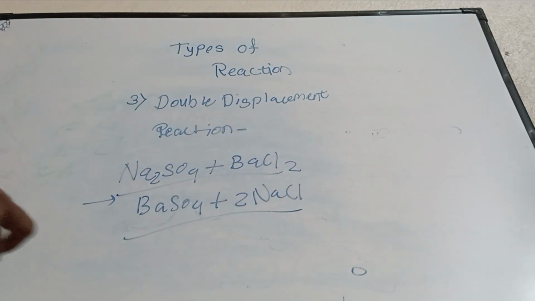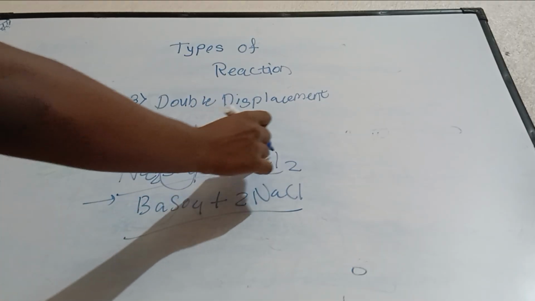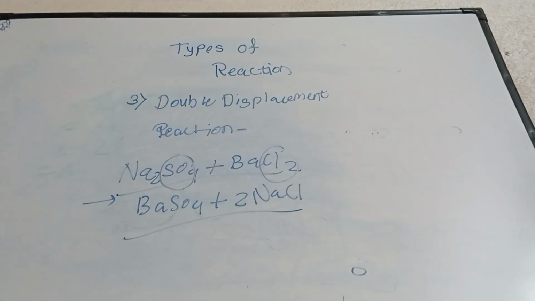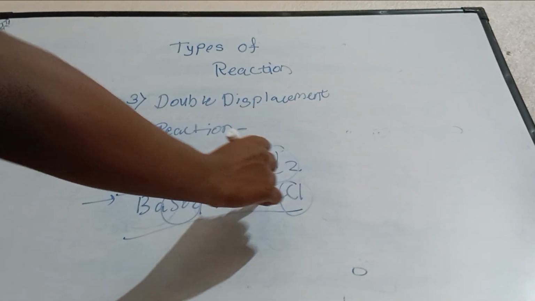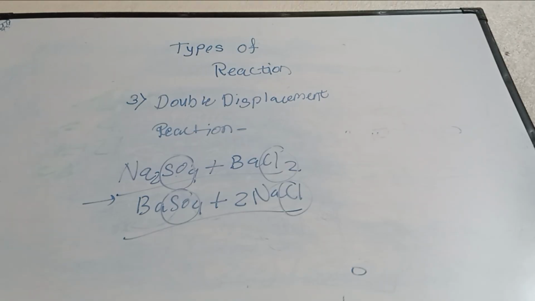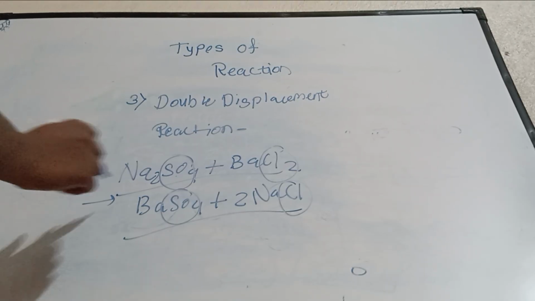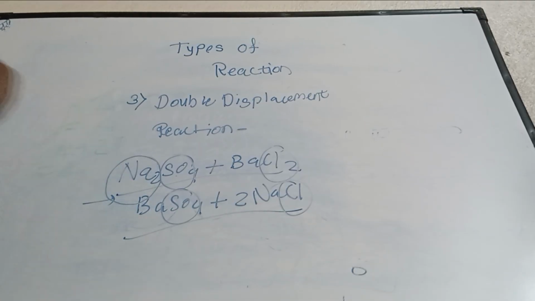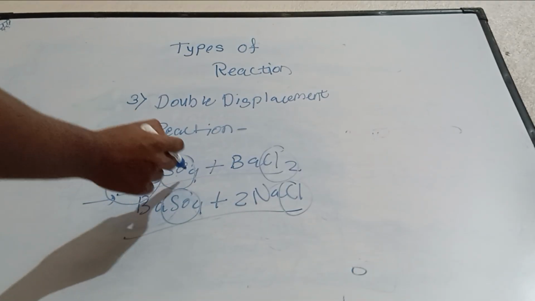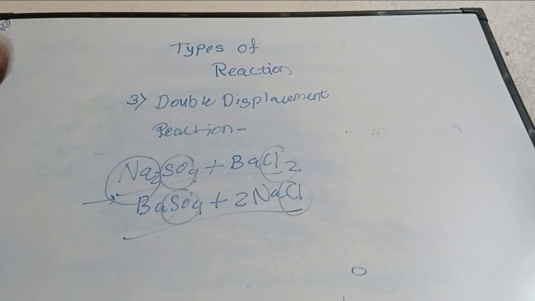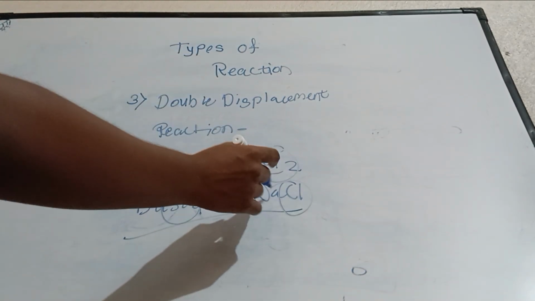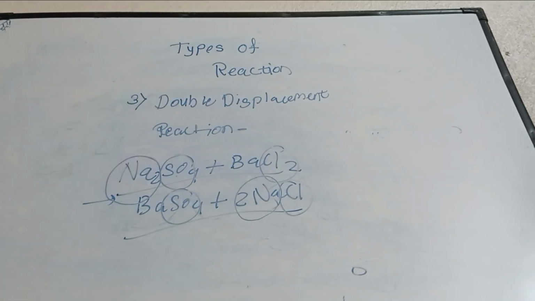What you can see is that SO4 and Cl are at the same position in both the reactant and the product side, but the only thing that changed is that Na was with SO4 on the reactant side, but on the product side it attached to chlorine.